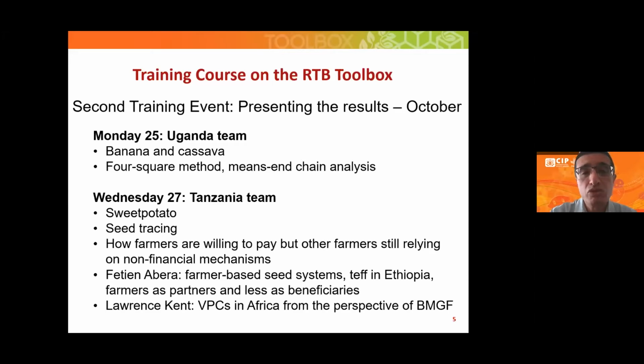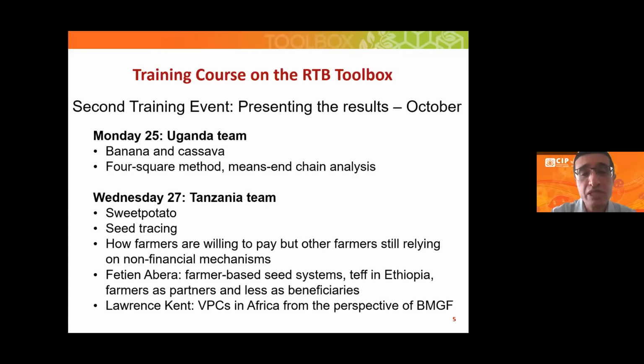So we started on Monday. We had the presentations from the Uganda team. They presented results on banana and cassava using 2 tools, the Foursquare method and the means and chain analysis. And then yesterday we had the presentation from the team from Tanzania. The crop that they are working with was sweet potato.